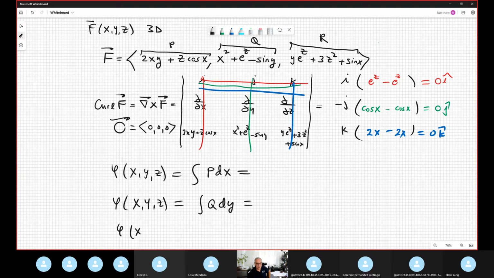And you compute the antiderivative of R with respect to z. Okay. You take that guy, put it inside here, and compute the antiderivative. Super easy. With respect to x is x squared y, like so. And well, the cosine part, the antiderivative of cosine is sine, positive, no? Plus z sine x. Makes sense?